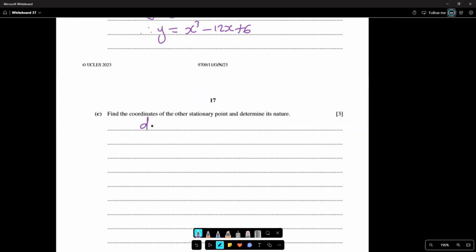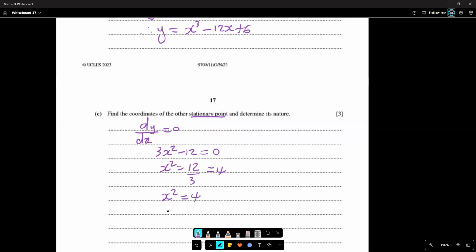Remember, stationary point, always dy over dx equals 0. Right? And then we know that dy over dx is 3x squared minus 12 equals 0. Then x squared equals, you take 12 that side, then you divide it by 3, which gives you 4. So you have x squared equals 4.